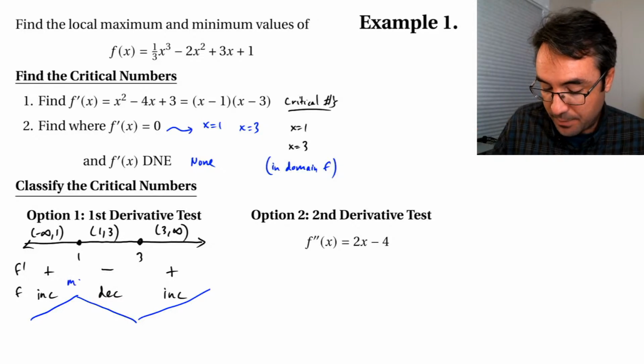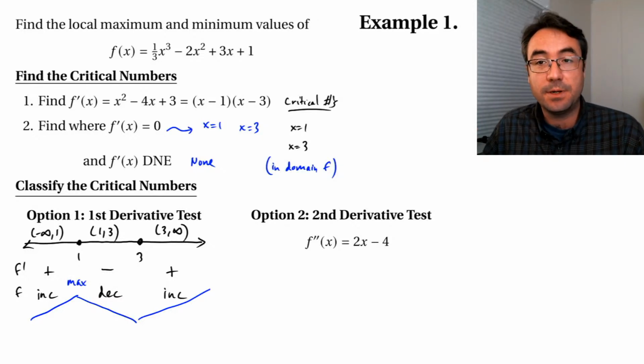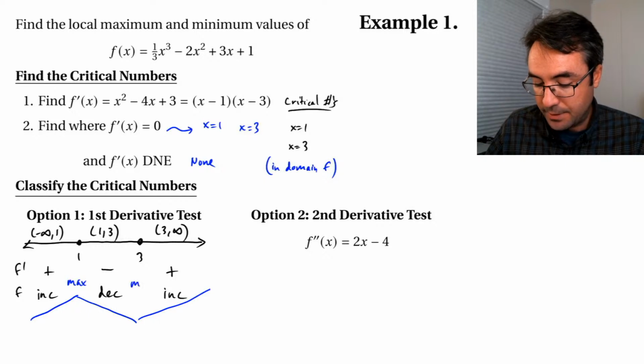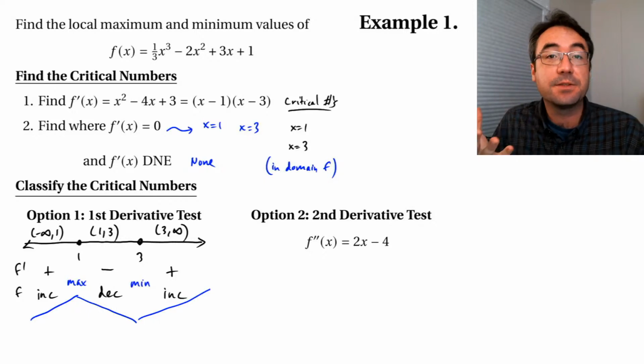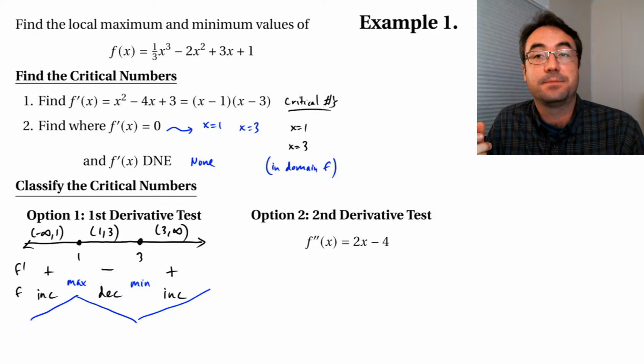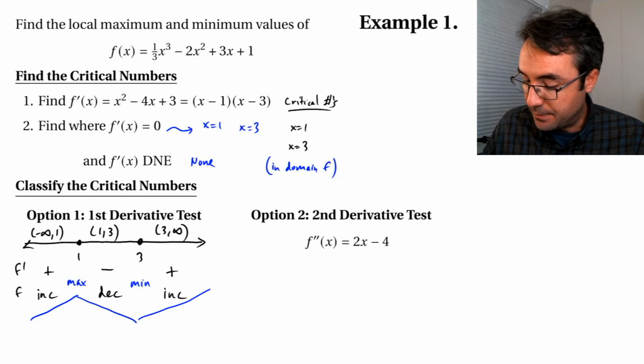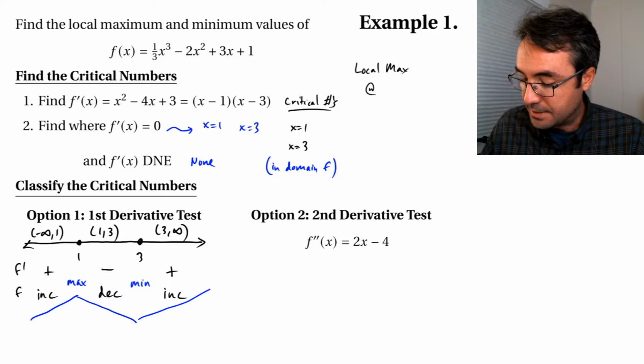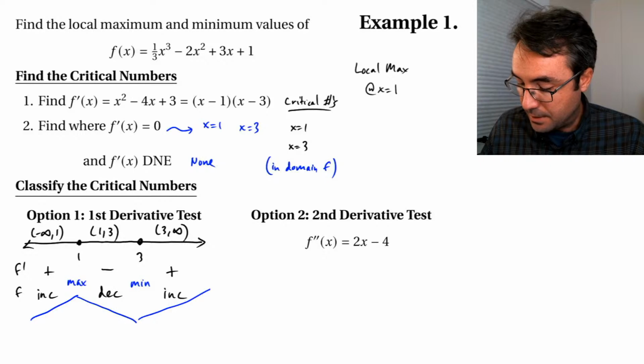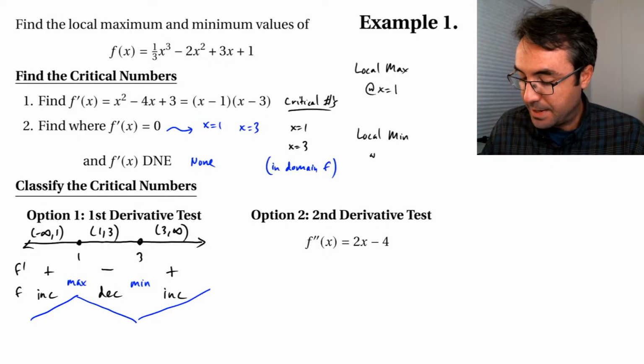We can see that we have a max at x equals 1, and then we have a low point at x equals 3. And that's the first derivative test. So we're seeing that we have a local max at x equals 1 and a local min at x equals 3.